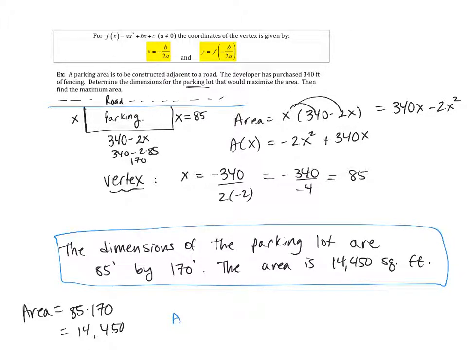And we could do a quick double check. When you put 85 in for x, it's negative 2 times 85 squared plus 340 times 85. And that does work. We get that same maximized area.